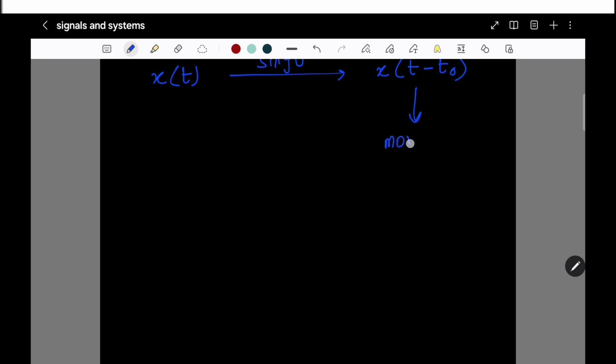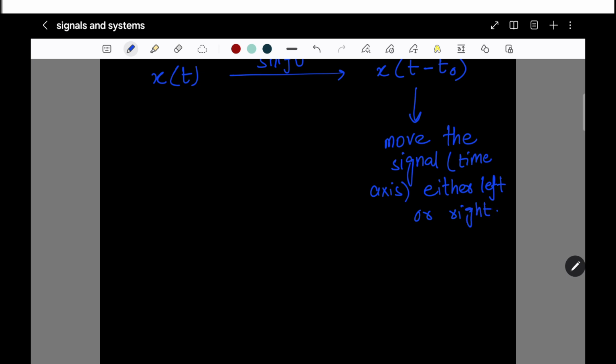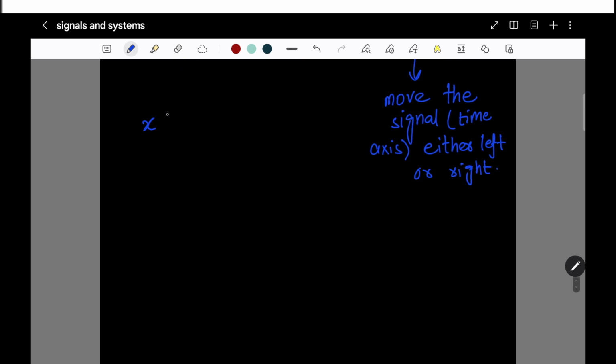It simply means that we move the signal on the time axis either left or right. So if you have a continuous time signal, then the time shift is simply t minus t naught. If you have a discrete time signal, then it is n minus n naught.